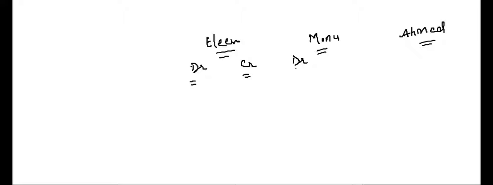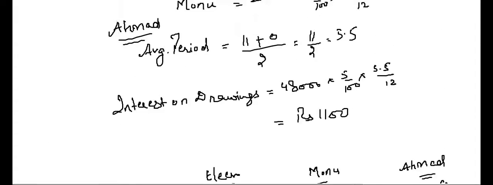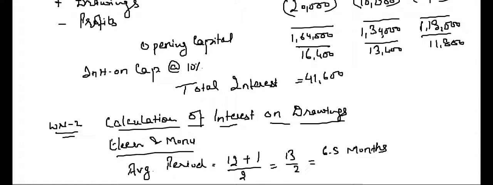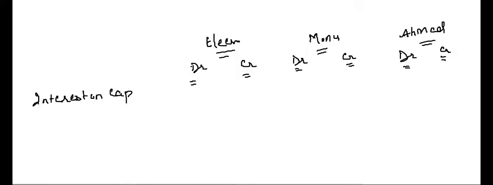Debit, credit. So first of all, interest on capital is credited to the partners' capital accounts. How much is the interest on capital? It is 16,400, 13,400 and 11,800.